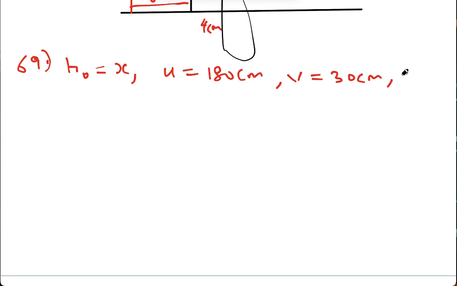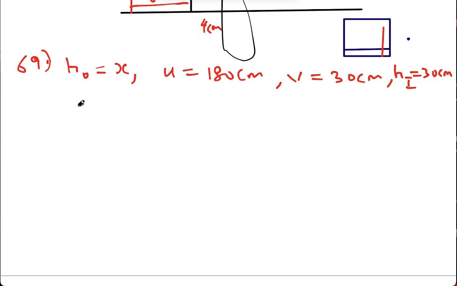It also gives the image height to be 30 centimeters, because inside you have a box like this. If this is the pinhole camera, which is somewhat like a square, then this distance will be the image distance, and this distance will be the height of the image.